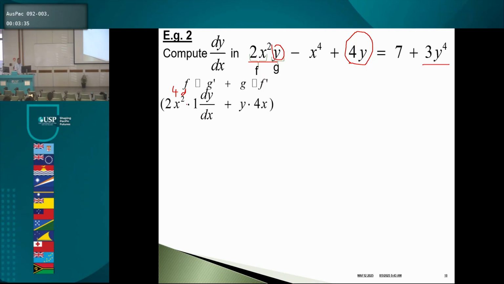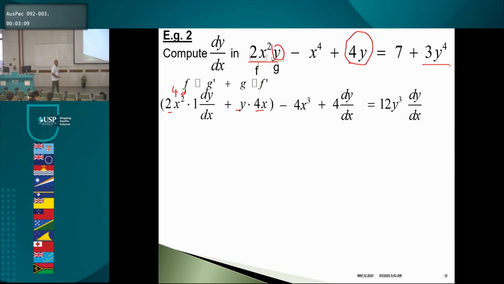One dy over dx times f, g times f dash. Minus x to the 4, you'll get 4x cubed plus 4y, 4 dy over dx equals 0, 12y cubed dy over dx. And then make dy over dx the subject. Those terms that have dy over dx, move them to one side.